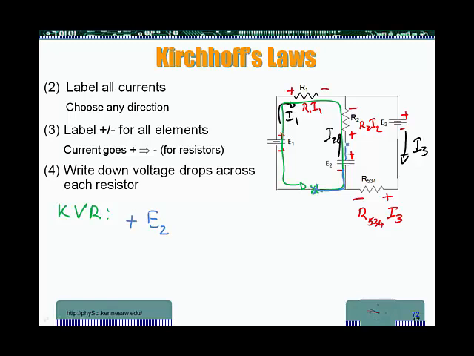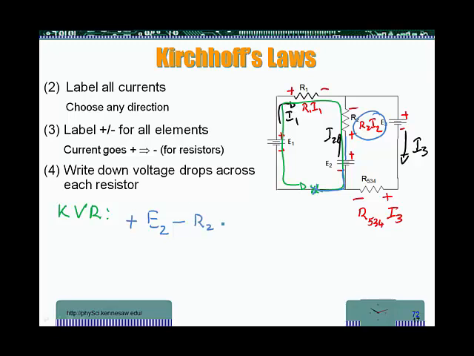And then after that increase, I meet another element in the circuit, a resistor in this case, R2. But I meet the plus in this case, not the minus. So I'm going to go from a plus to a minus. So it's going to be a minus. And the electrical potential change in this case is going to be the electrical potential across the resistor, which is R2I2.